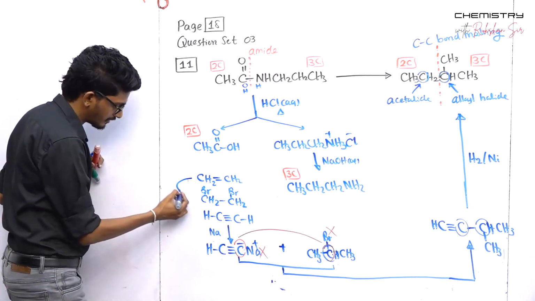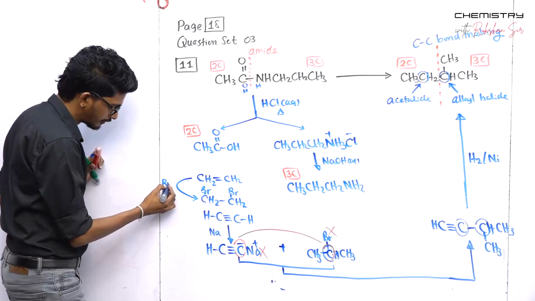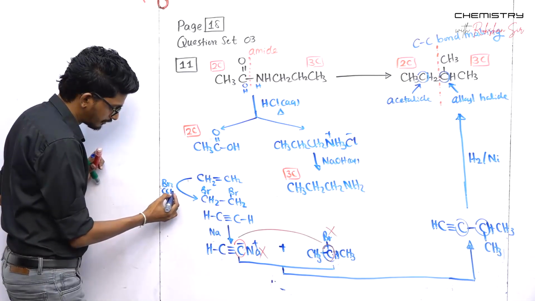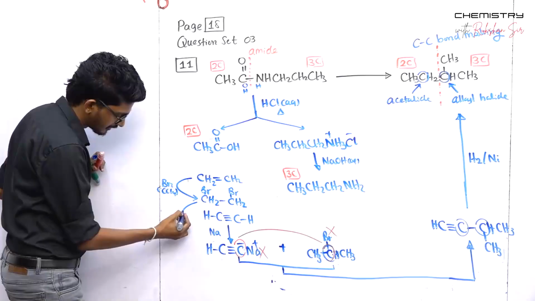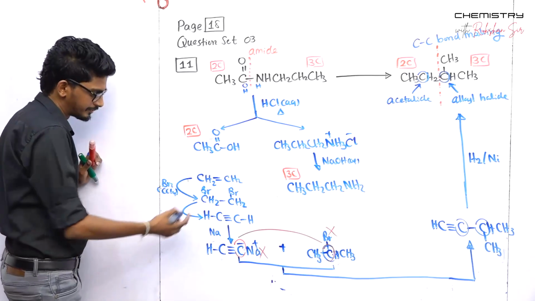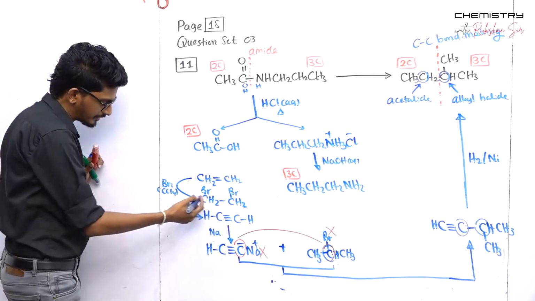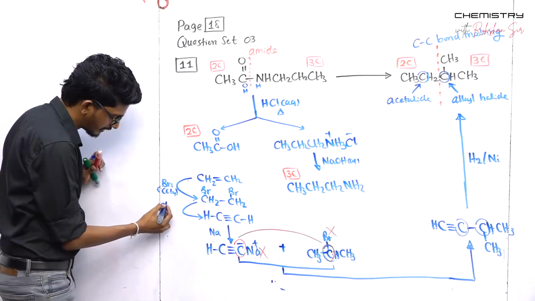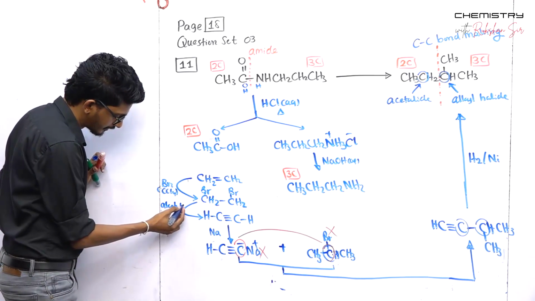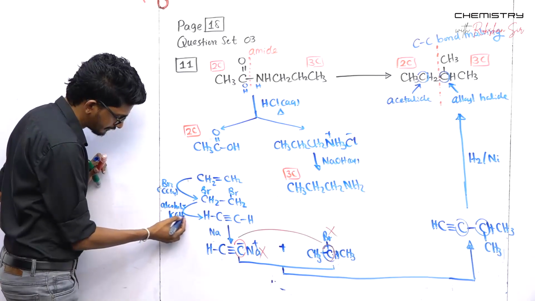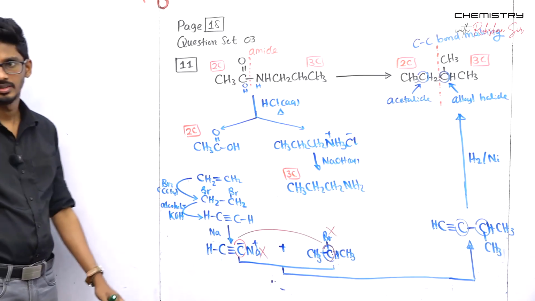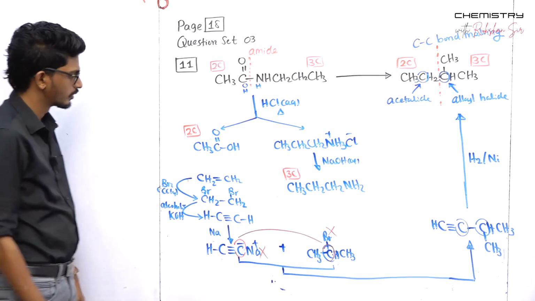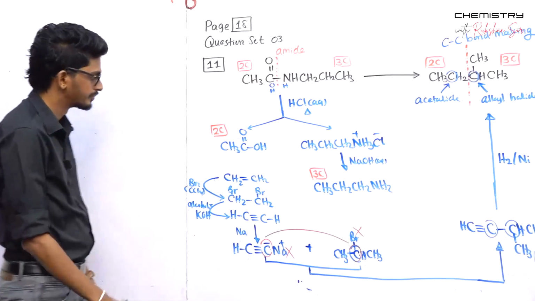To this thing, you just add Br2 in CCl4, and to this one you just remove the 2 HBr to complete 2 pi bonds. That is done by alcoholic KOH. Okay, so to convert this one to here, what could we do?